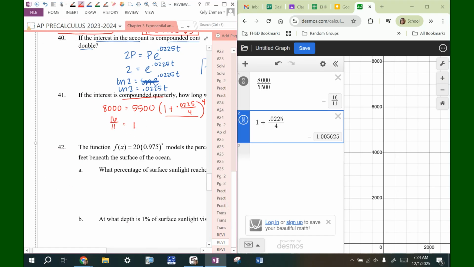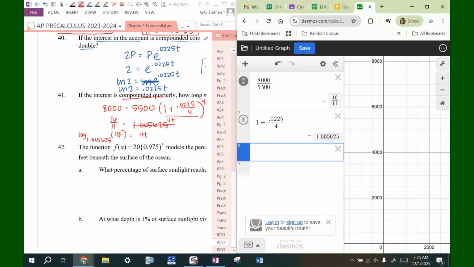So this is actually 1.005625 to the 4t power. And the reason I wanted to find that out is because remember, we can log base both sides. We can say, let's use that as our base. Take that log of 16 over 11. And if you take the log of that side, it's going to become 4t.